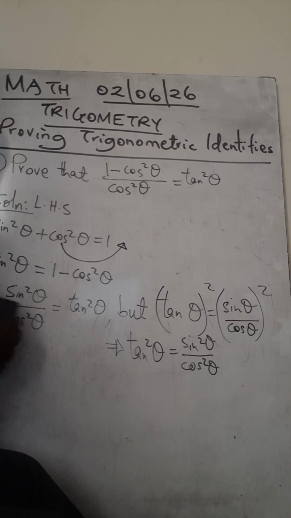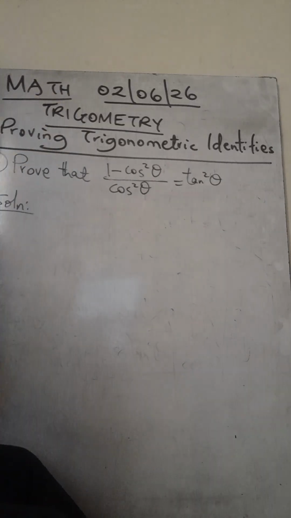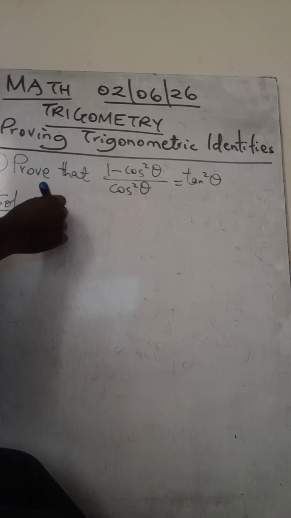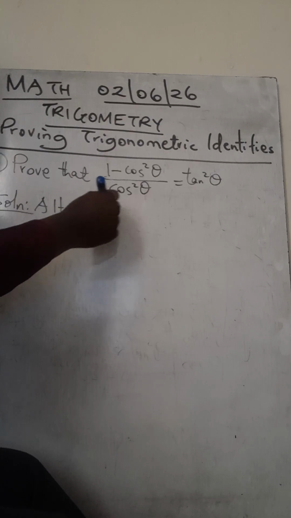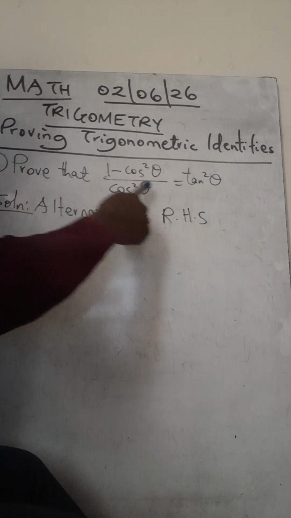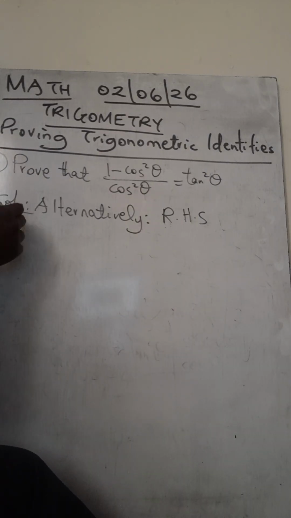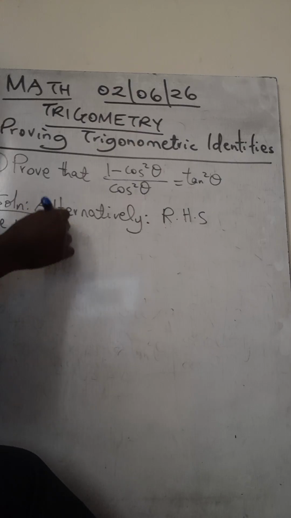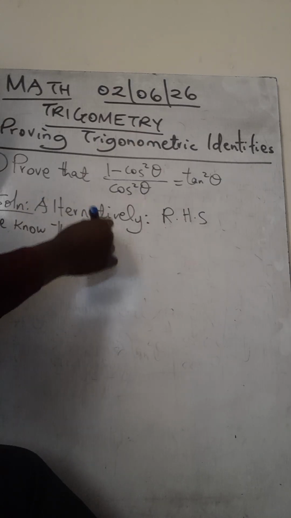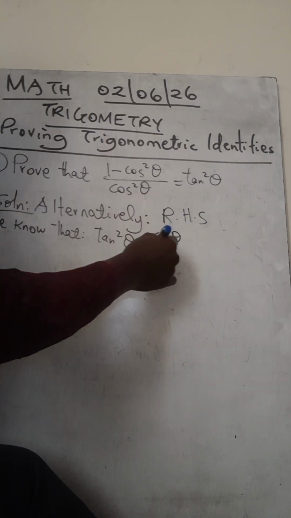Another way, alternatively, let us focus on the right hand side, this part here, tan squared theta. We know that tan of theta is sine of theta over cosine of theta.